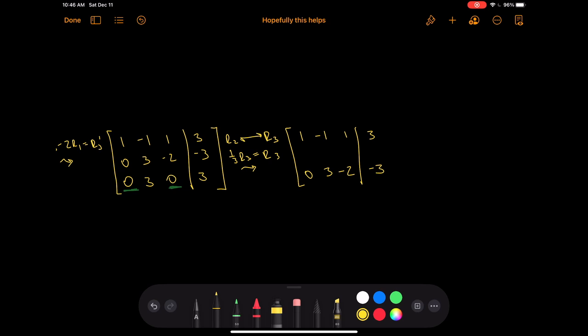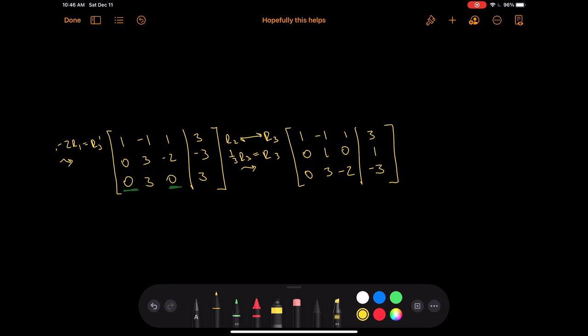And then our new middle row would be 0, 1, 0, and then 1, because we switched them and then multiplied by 1/3.